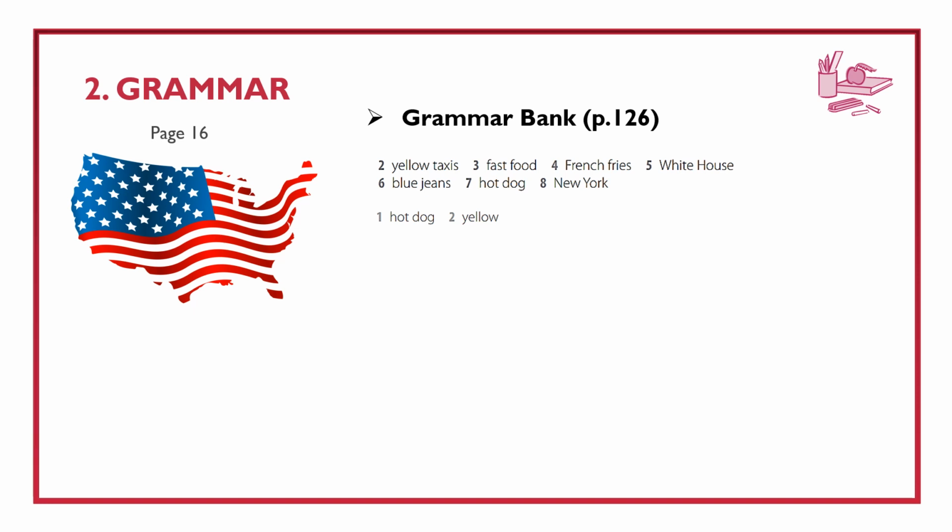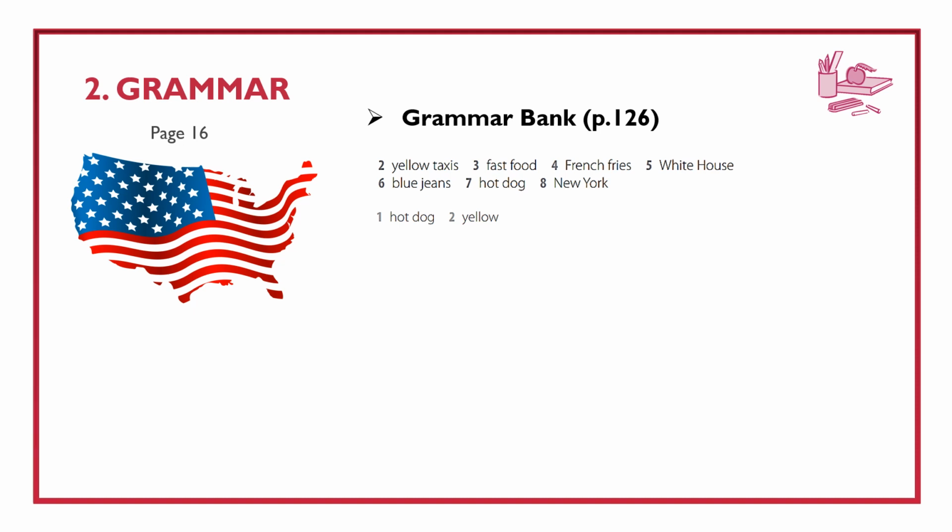Now, please go to page 126, Grammar Bank 2B. On page 126, 2B, we have a white box on the left side with some examples for you. You can listen to me or also listen to track 2.8. And it's always a good idea to repeat the examples.